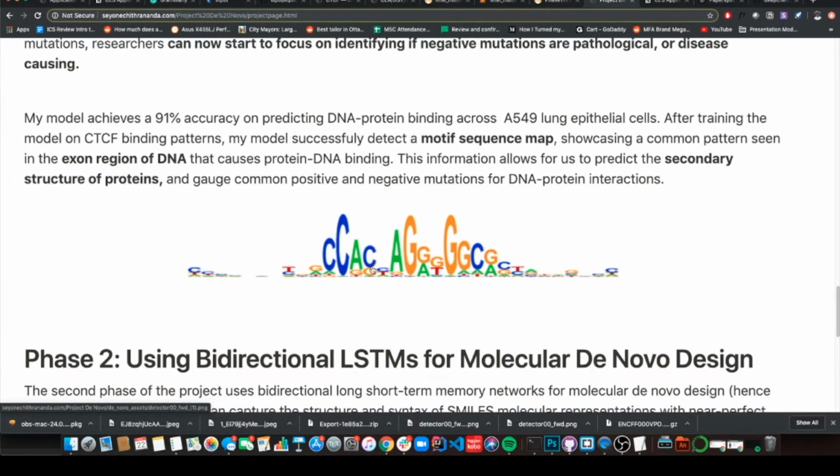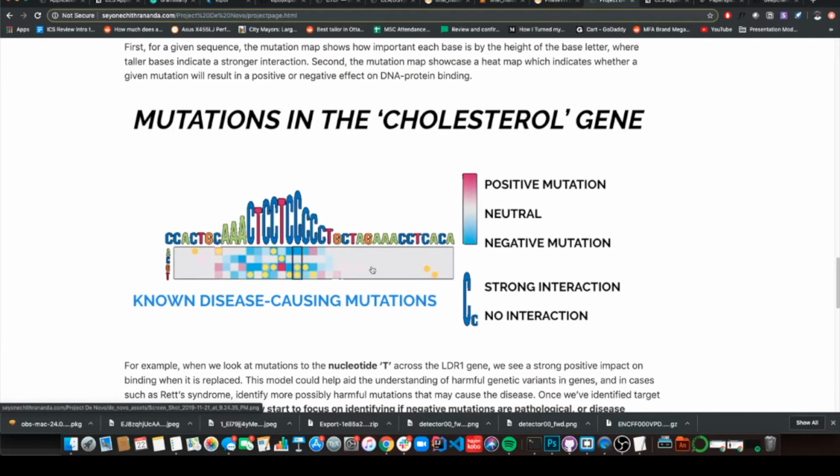What's really cool about this project is we can do something called in silico mutagenesis. This means we take every single potential mutation that can occur in a gene. In this case, we visualize the LDLR gene. In this visualization from Deep Genomics, they show that for any single point mutation, whether it's positive or negative, as well as how strong the interaction is.